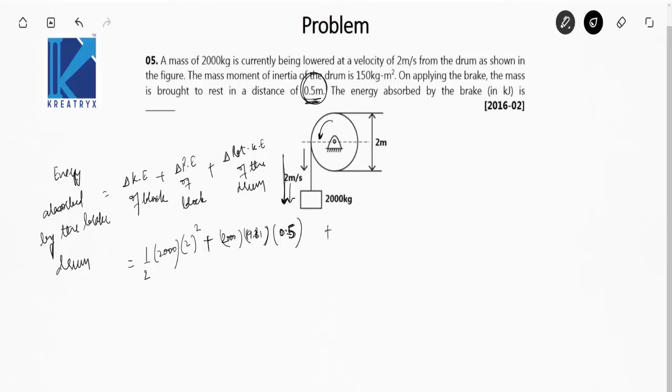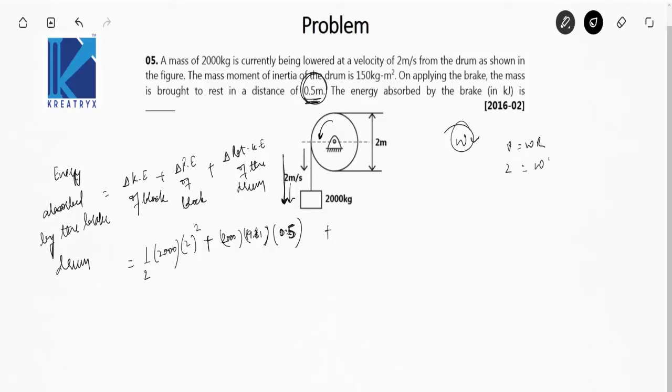Plus there will be the change in rotational kinetic energy of the drum, because initially it will be rotating with some omega, and finally this omega will be 0. The initial omega we can find out by v equals omega r, and v is 2 meter per second, by which the block is being lowered, equal to omega into r.